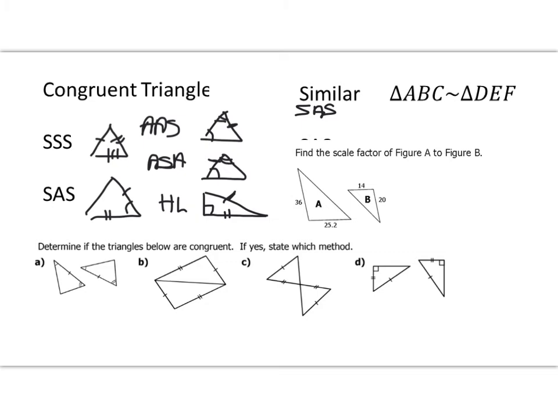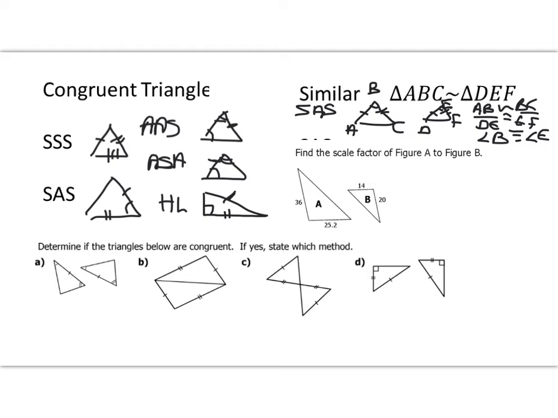You need to show, so let's say this is A, B, and C, and then this one is D, E, and F. For side angle side, you would have to show that two of the sides, like AB and DE, are proportional to the other sides, so we would say BC over EF. And then we would have to say that angle B is congruent to angle E. That's for side angle side.